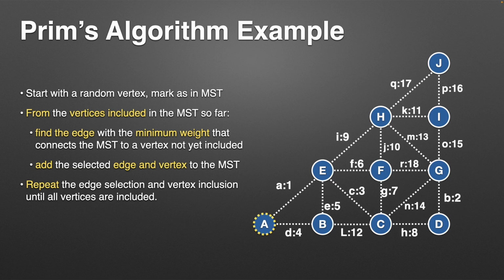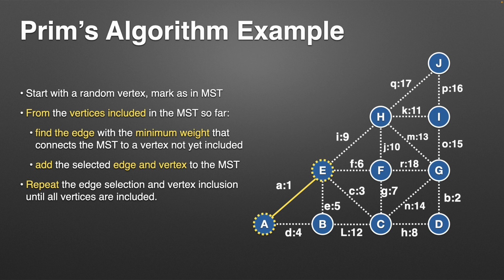A, right? We make that greedy choice. We choose A because it is the lowest of the choices that we have in terms of weight. That adds edge A to our tree, and more importantly adds E, this vertex, also to our minimum spanning tree. So now when we go to evaluate, we look at A's edges and we look at E's edges.